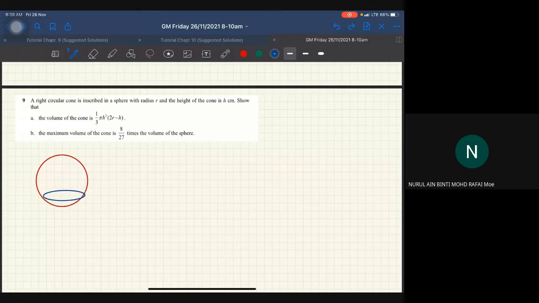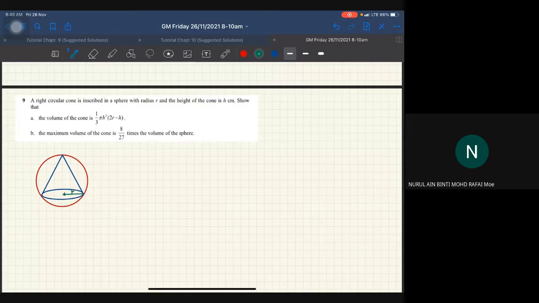Okay, so dia punya radius R and then the height of the cone is H. So maksudnya this one is R and then this one is H. Okay, settle kat situ. Okay, and then soalan minta kita show that the volume of the cone is 1/3 pi h square times 2r minus h.